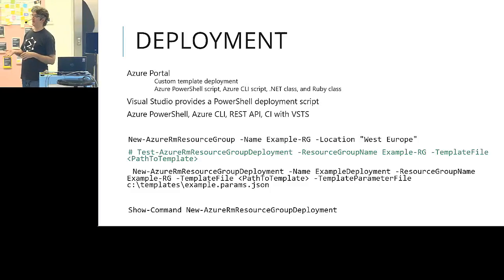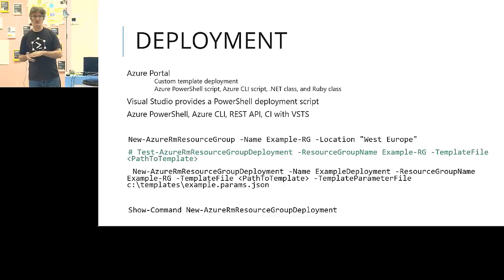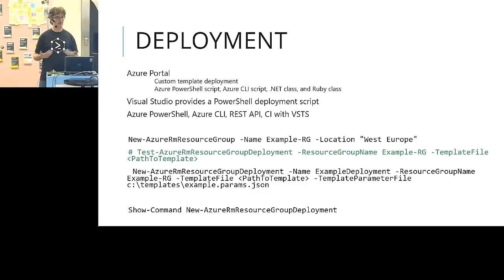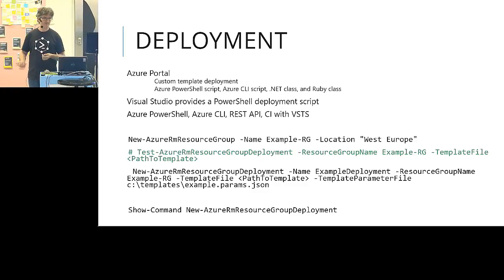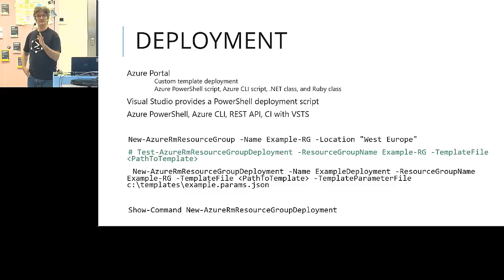And here as an example, I have a few lines of PowerShell code for deployment. So the first thing that you need to do, you need to create a resource group. For that, we have New-AzureRmResourceGroup. How many of you are experienced with Azure PowerShell? Just a few. Okay.